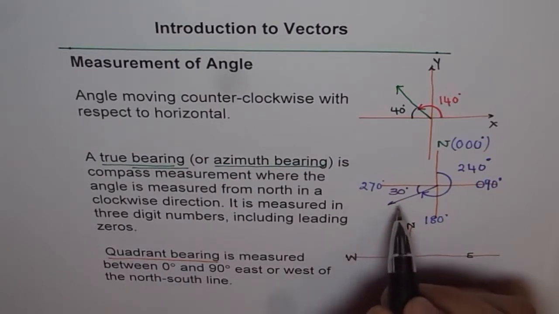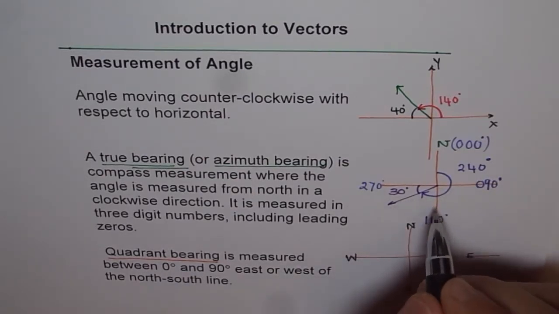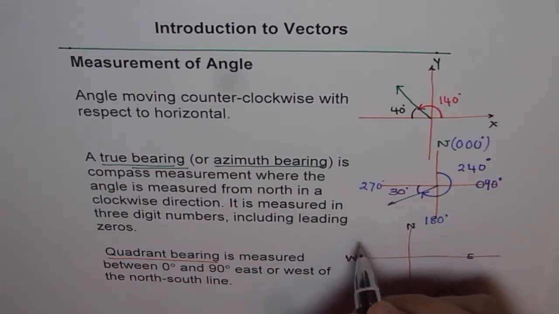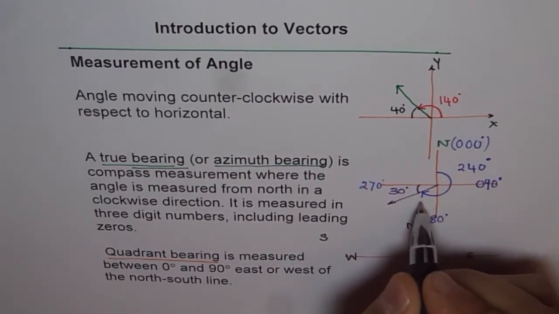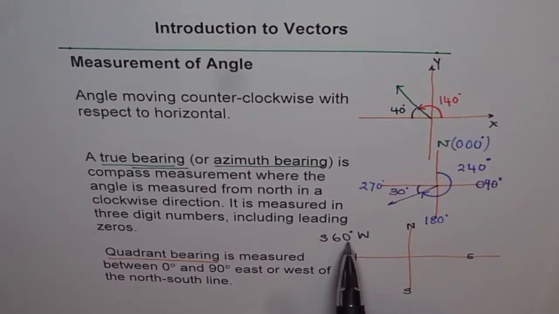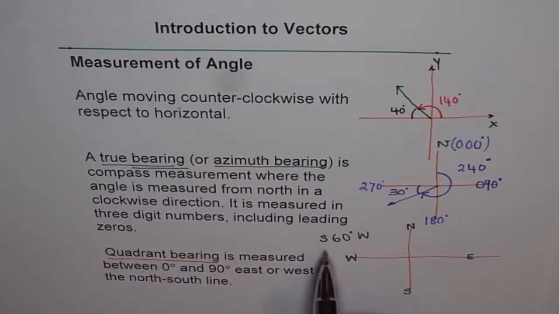So in quadrant bearing angle, I will write this as, let me write here on this side, from south 60 degrees west, and it is read as 60 degrees west of south. Do you understand? 60 degrees west of south, right?